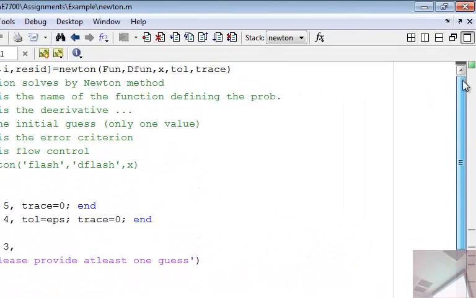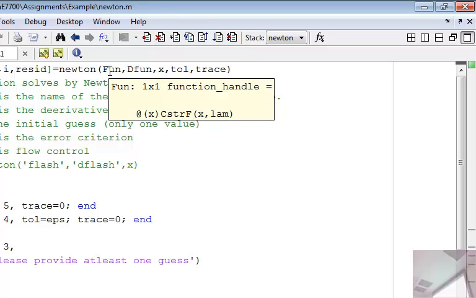Here you see I started execution from the script, and I set up my initial guess, and control was transferred by Newton into this function. So what is the value for FUN? You can see it picked up the string corresponding to the function that I indicated when I called it. I called it, say Newton method, go and solve the CSTR F problem. So that is the pointer that is stored in there.